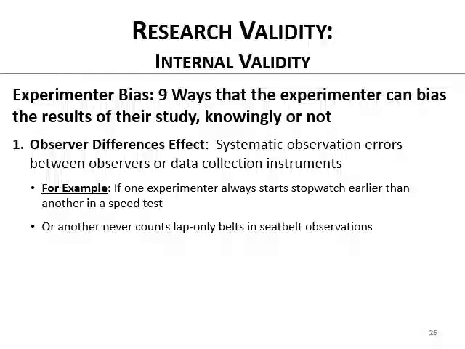So let's say in those seatbelt studies that we were talking about earlier, at the top or bottom of the off-ramps, one researcher just never bothers to try to count lap-only belts, which are sort of old school. They only count ones where there's a shoulder belt, and you're going to get differences in seatbelt count rates between that experimenter and the others, just because you've got observer differences.